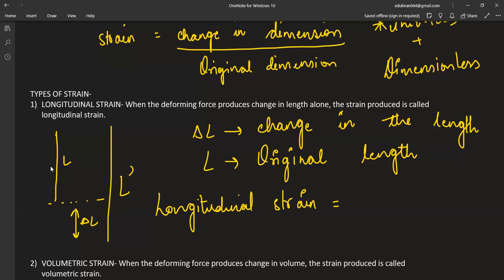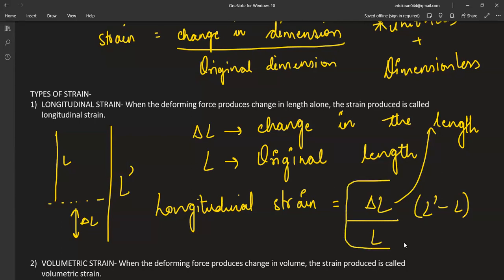L dash minus L will give you delta L, divided by the original dimension with which we started. This delta L is the change in the length, which is L dash minus L, and this is the formula of the longitudinal strain.